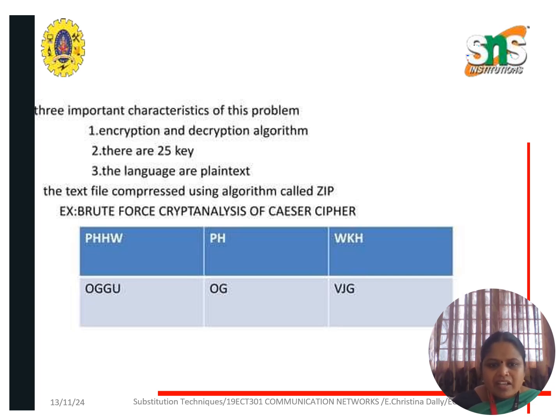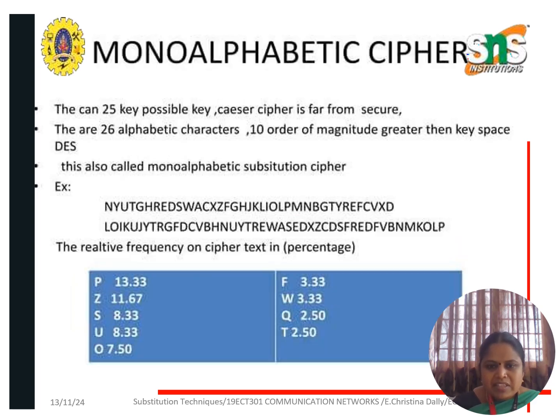Here are some values assigned for the Caesar cipher. We use both the encryption and decryption algorithm. We have 25 possible keys, and the language of the plain text is known.